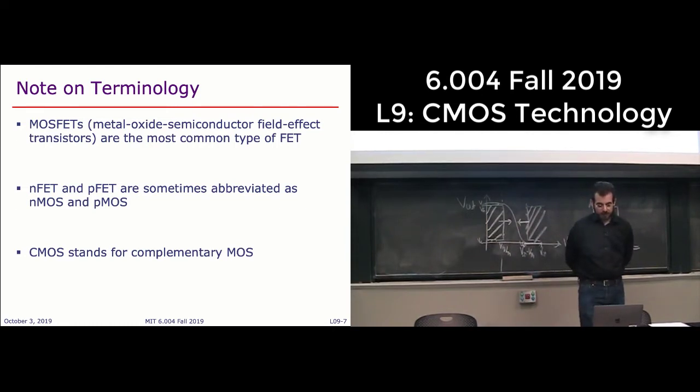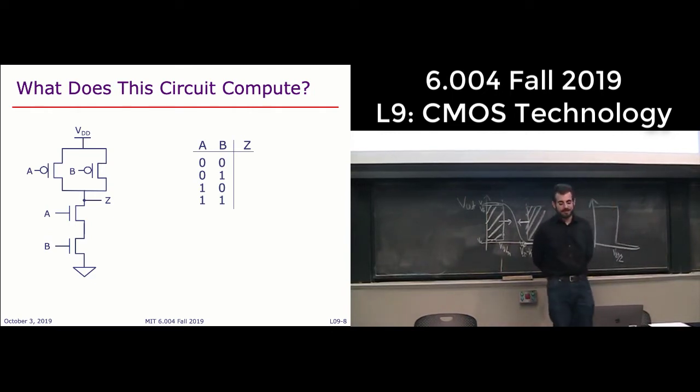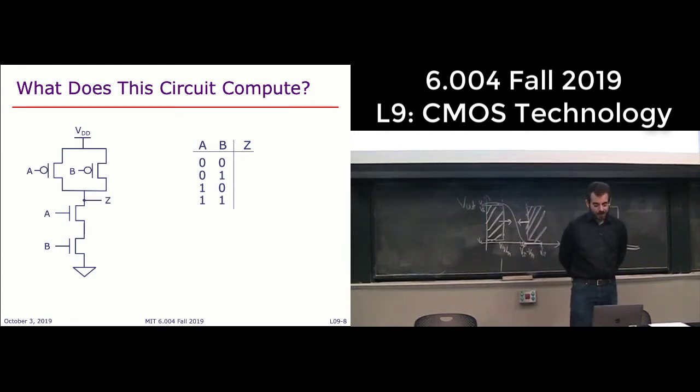But before we do that, let's continue analyzing a slightly more complicated circuit. Here we have two PFETs and two NFETs, and again we have a similar formula. The inputs are connected to the gate terminals, and there are NFETs in the low part of the circuit, PFETs in the upper part, and the output is at the interface between these NFETs and PFETs.